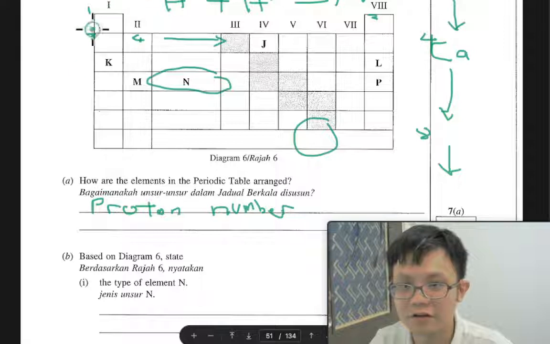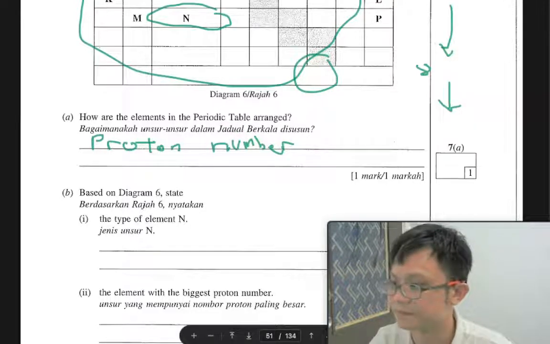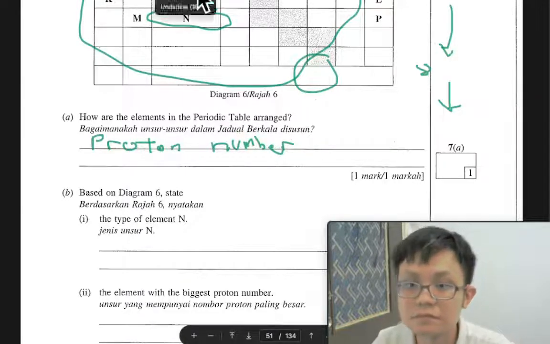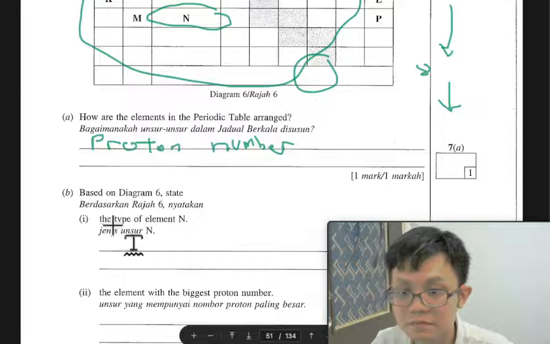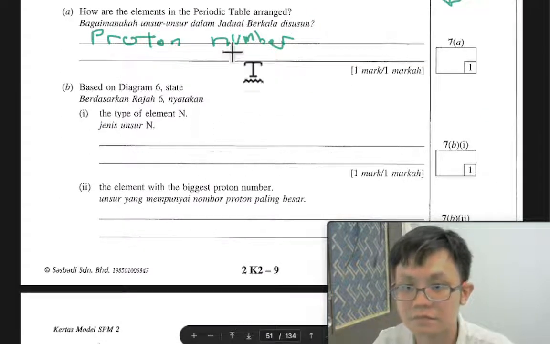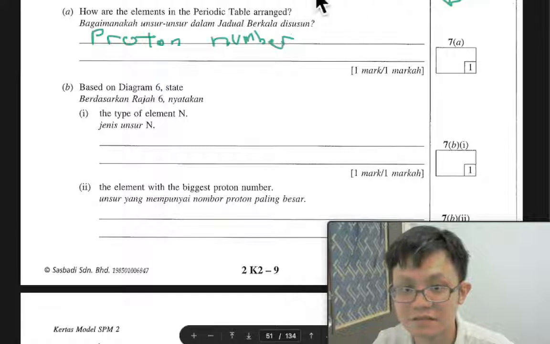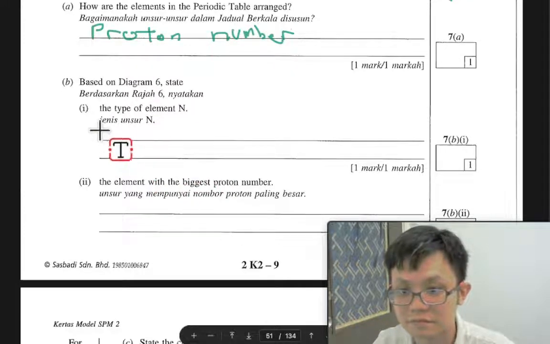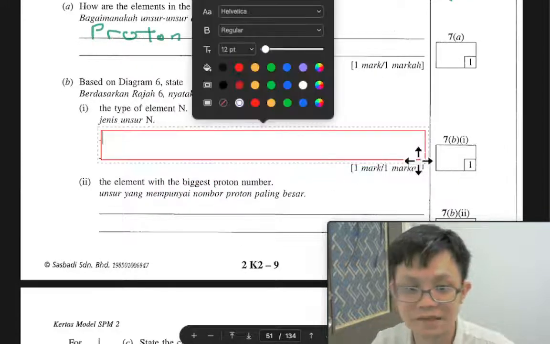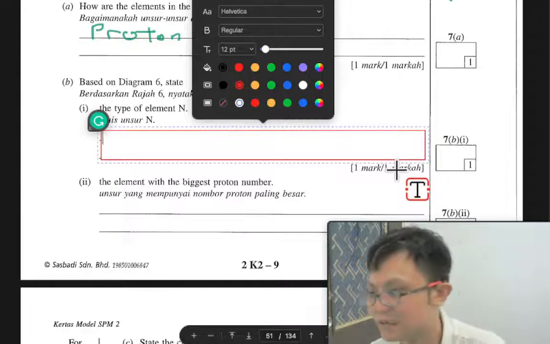Because I thought all of these are metals. What kind of metal, like alkaline metal, semi-metal, transition metal?